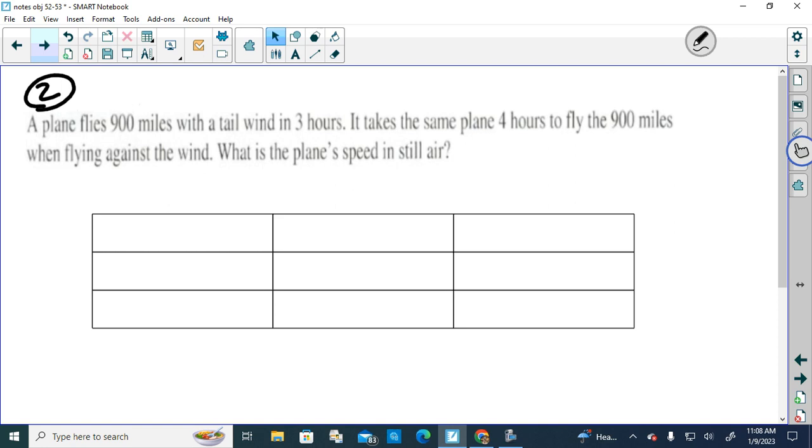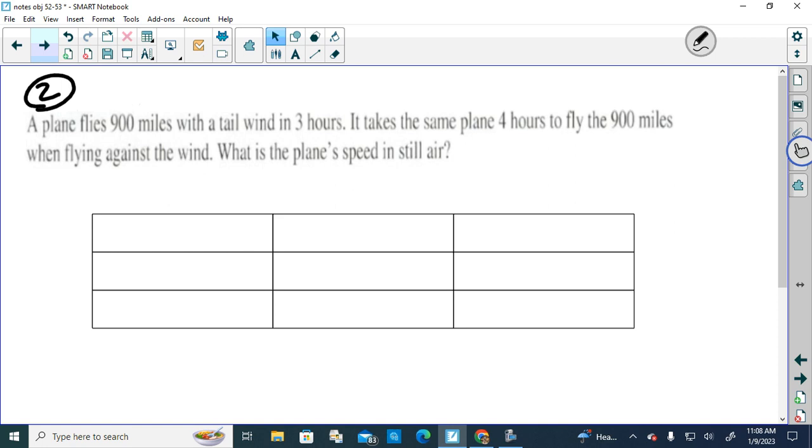If I were swimming instead of in the air, and I was on a lake that was totally still, and I could swim 1 mile per hour, if I all of a sudden have a current that is behind me, is it going to make me faster or slower? Faster. If I'm swimming in a still lake and all of a sudden the boat's in there and the waves start coming at me, then it's going to make me slower.